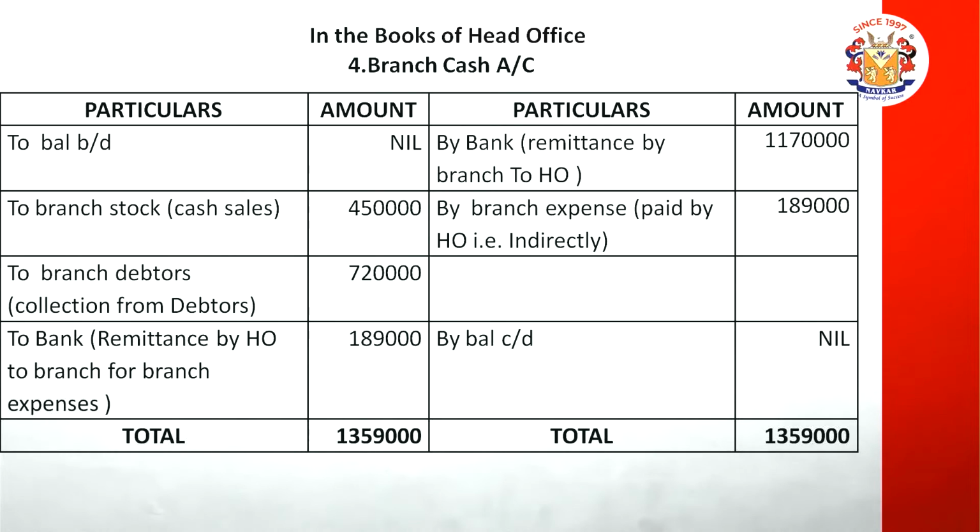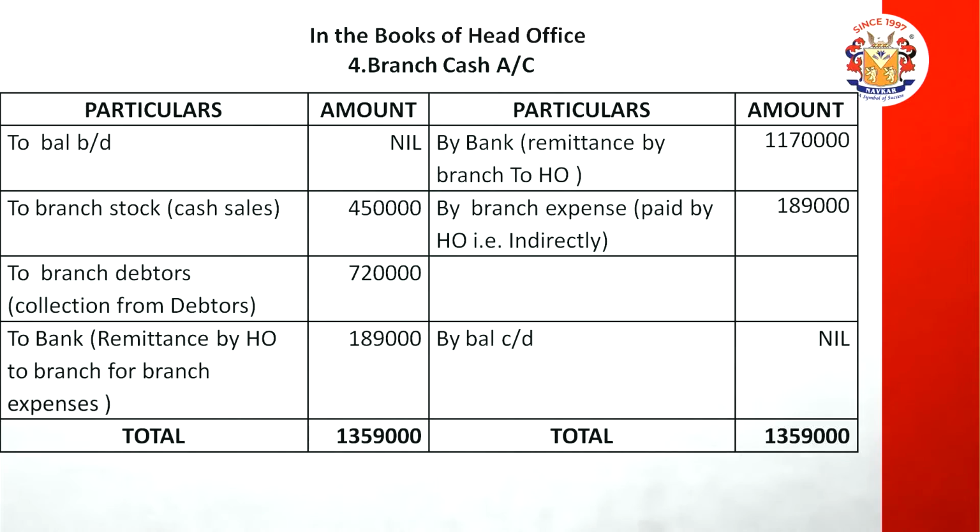In the question it is given that remittance by HO to branch for branch expenses is 1,89,000, the aggregation of all expenses. The journal entry is: branch cash account debit to HO's bank account 1,89,000.